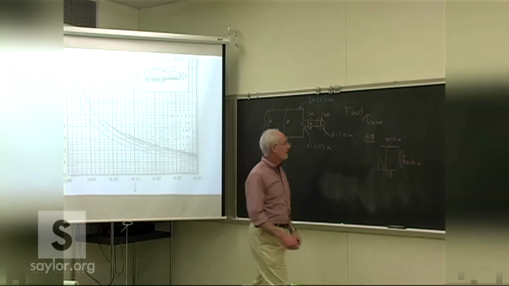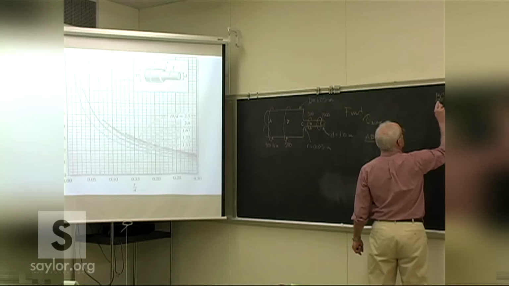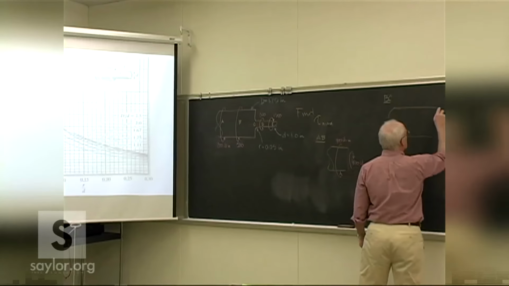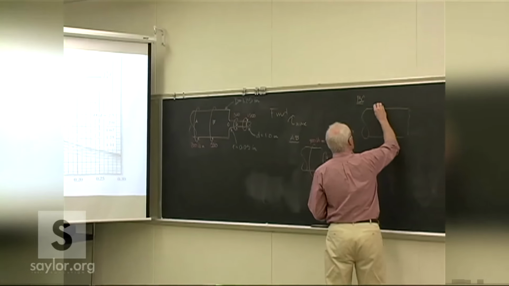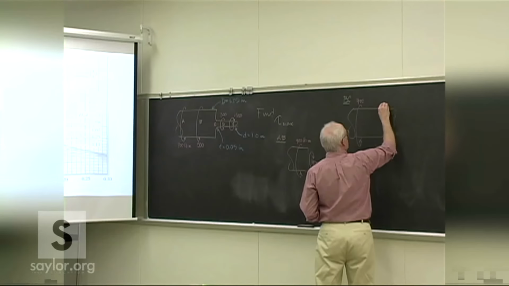For example, B to C, a little bit longer. We've got the 700 and 500.